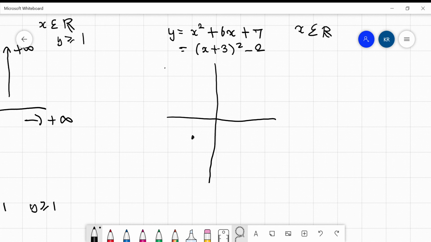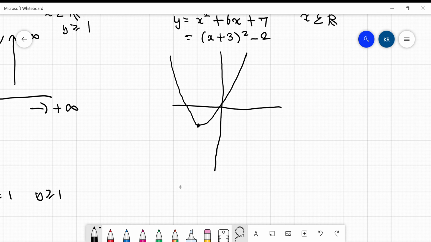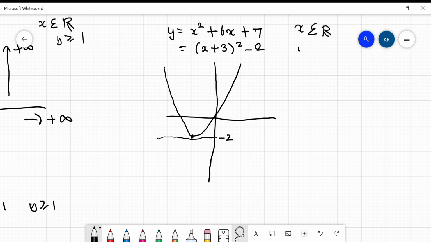So we would have something like that. Now we can see that this is minus 2. The curve doesn't go beyond minus 2. So its minimum value is minus 2. So therefore, the range is y is greater than or equal to minus 2.